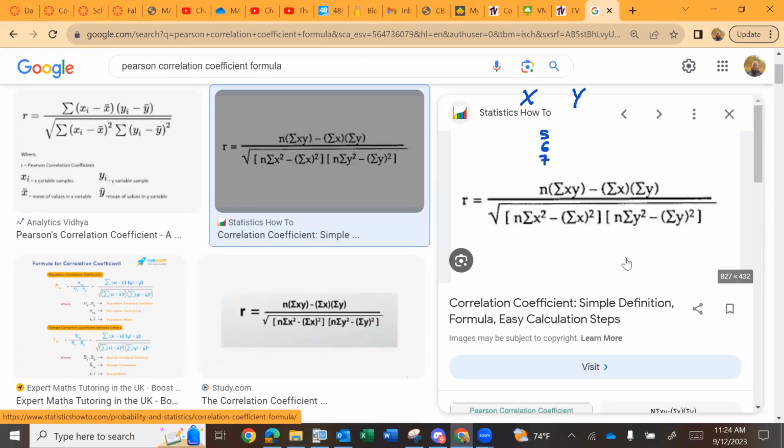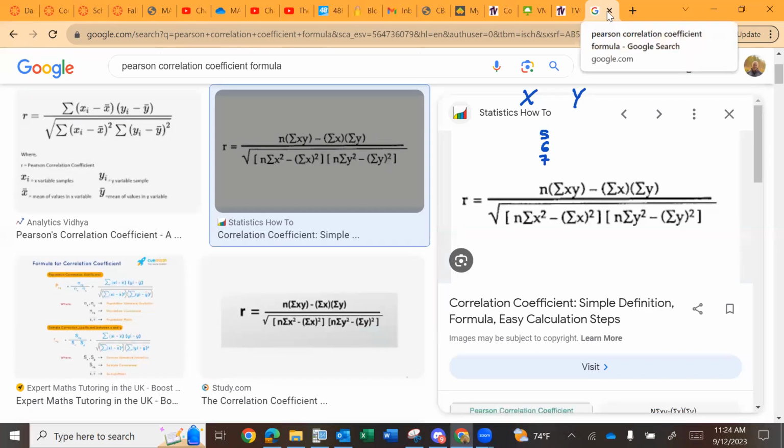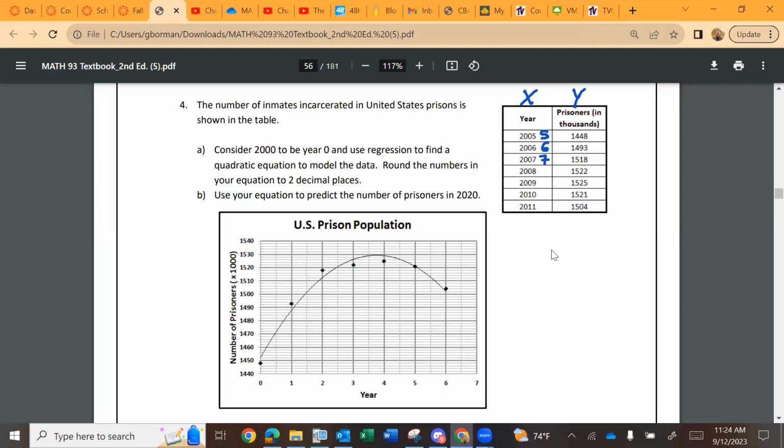If you were thinking, oh my gosh, there's a lot of steps in this, believe me, it could be so much worse. This formula is not as bad as it looks, but it is time consuming, especially if you've got a lot of data. And this is just one of the formulas that it's doing for you when you do regression. So just count your blessings. It's so much easier using the calculator.